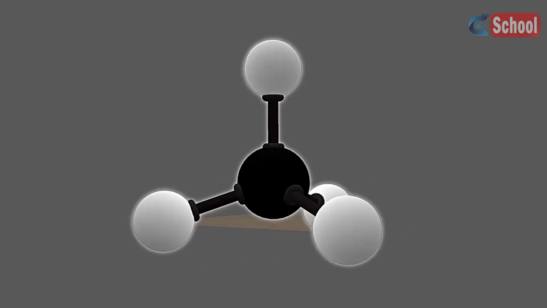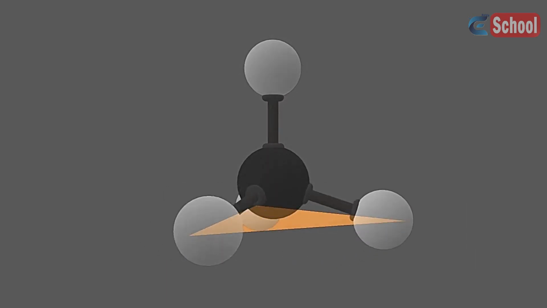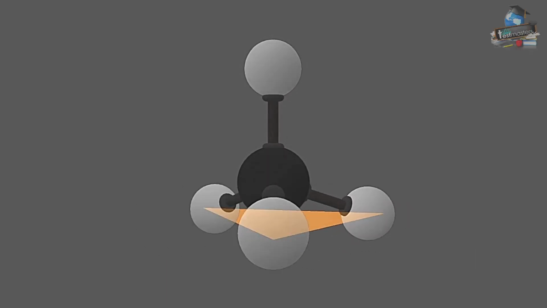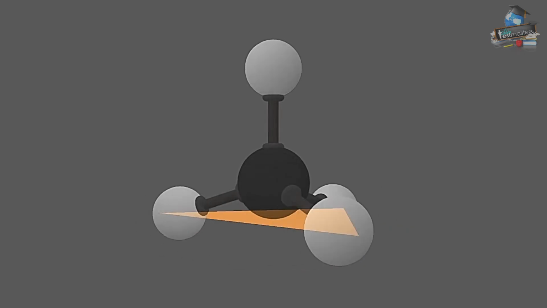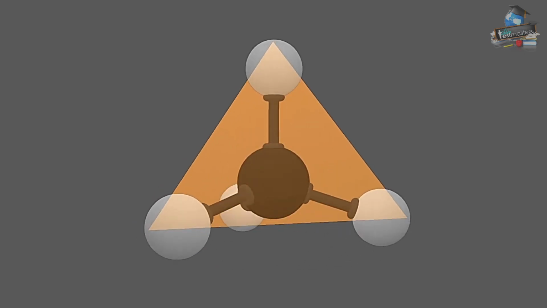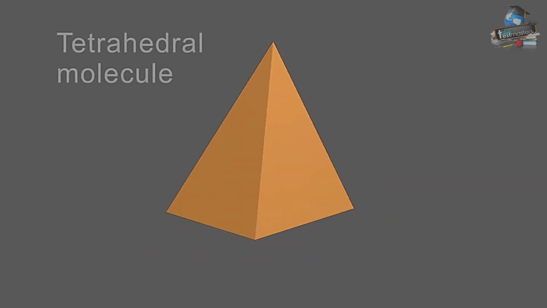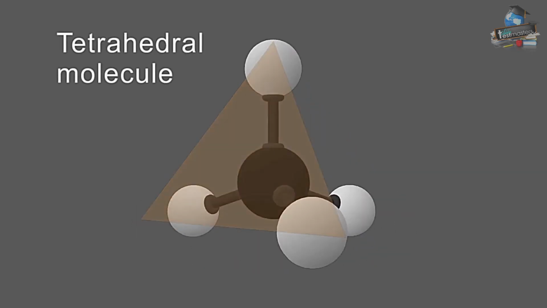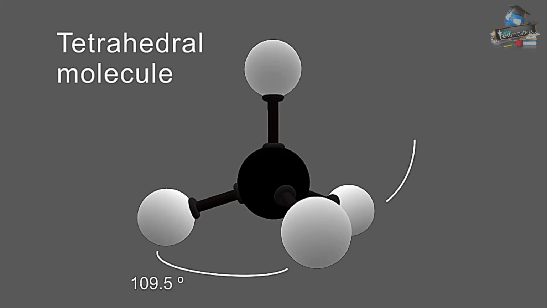We will end up with a triangular based pyramid shape at the bottom, with a hydrogen at each corner and a 4th hydrogen coming out of the top. This shape with 4 bonding pairs is known as a tetrahedral molecule, with a bond angle of 109.5 degrees.